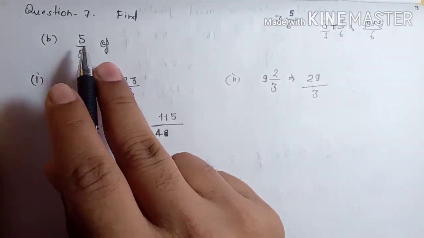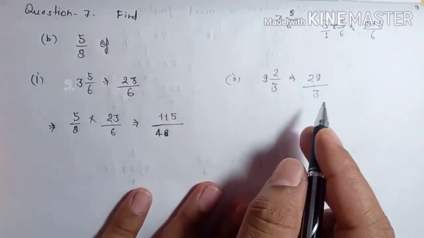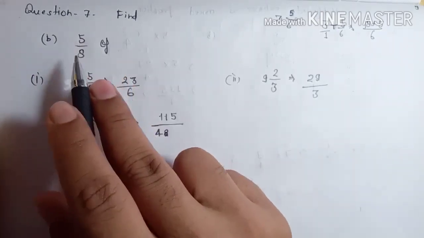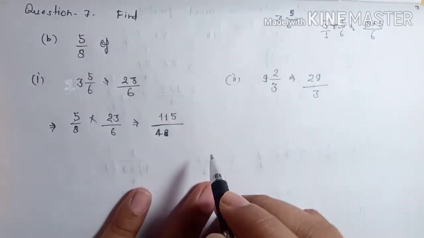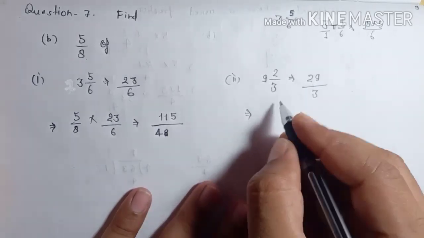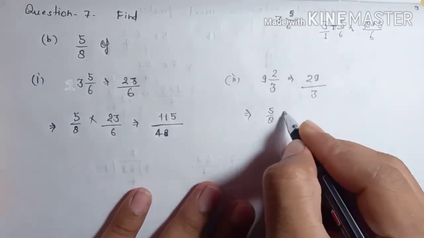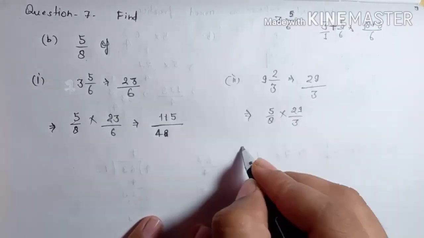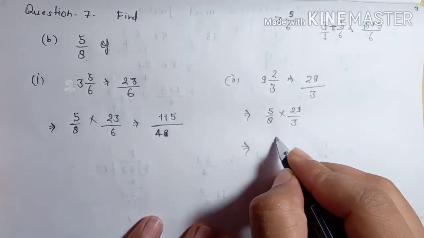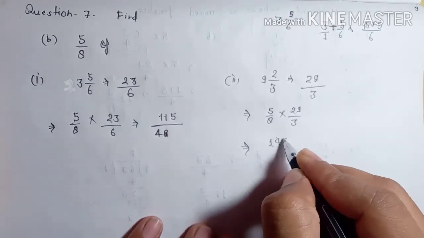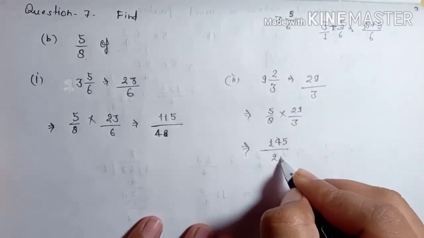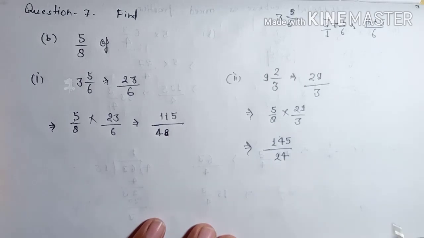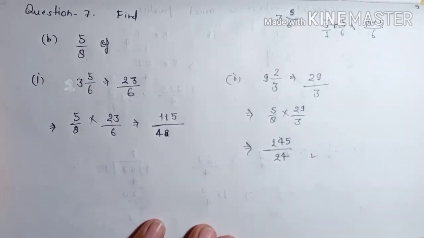Now find the 5 upon 8 part of this. So multiply this 5 upon 8 and 29 upon 3. You are going to find 5 upon 8 of 29 upon 3. Now multiply, and this is what? 145 upon 24. This is your next answer.